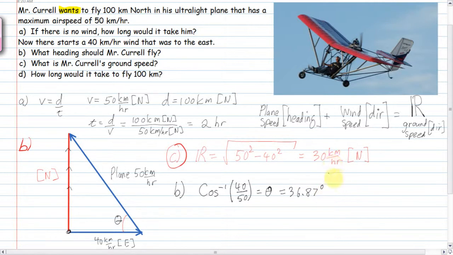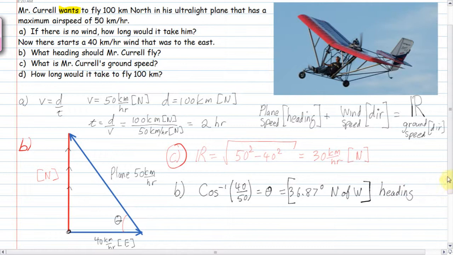Now, really, the answer for that is not just 36.87 degrees, it'll be then north of west. And that'll be the answer for the angle, for the direction, which is the heading.